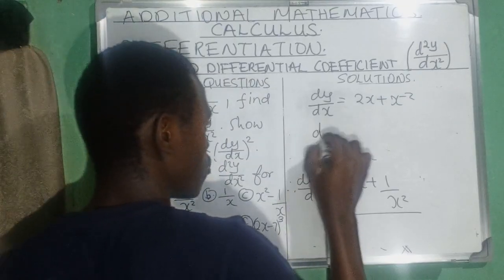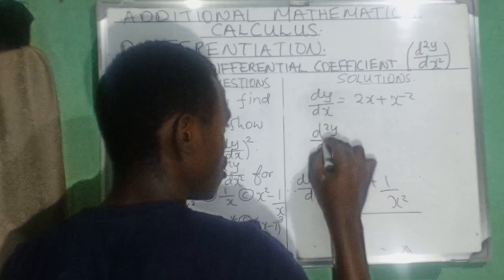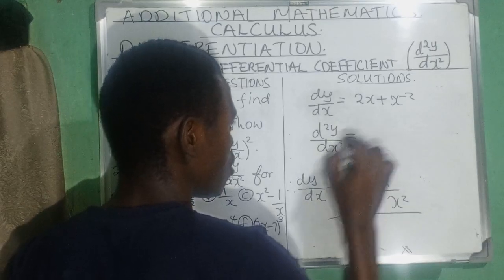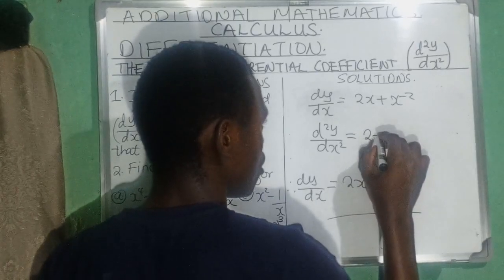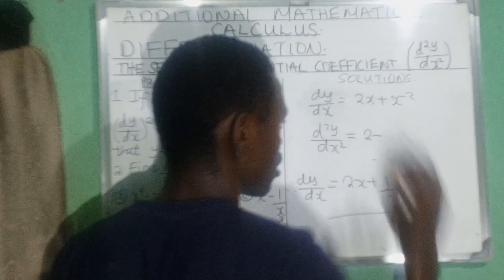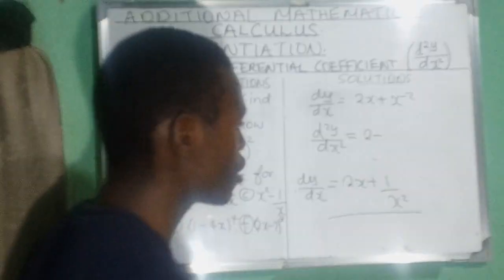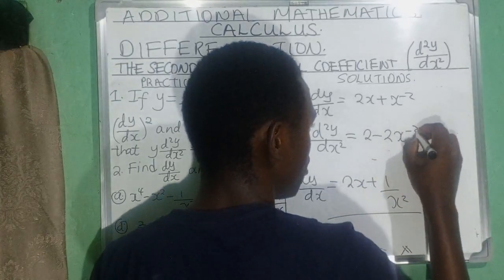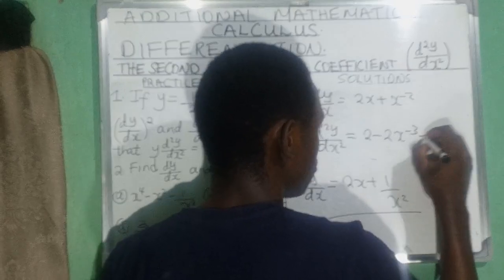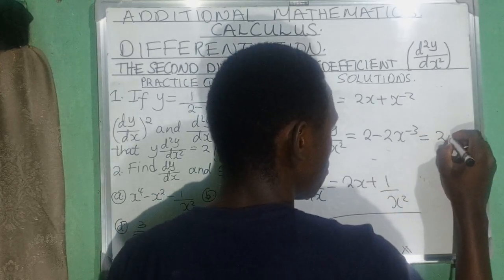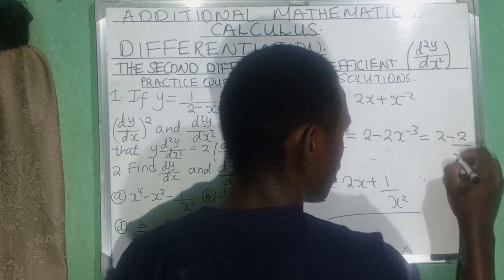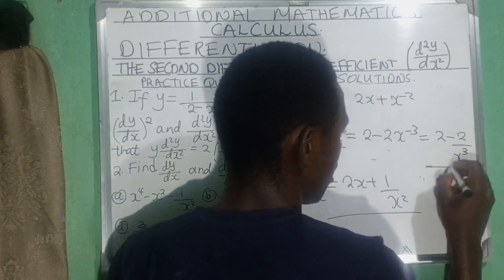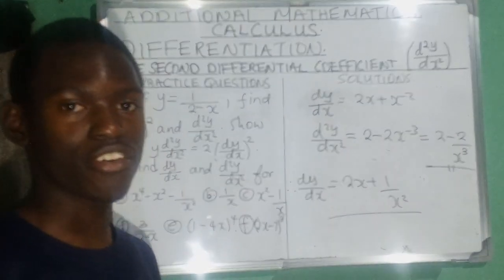Then our second derivative, which is our d2y/dx2, is going to be equal to 2 minus, because of the negative 2 multiplied by the positive 1 in front, so minus 2 x to the power negative 3. So this will be equal to 2 minus 2 divided by x to the power 3, and that will be your final answer.